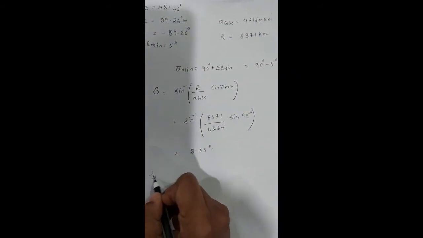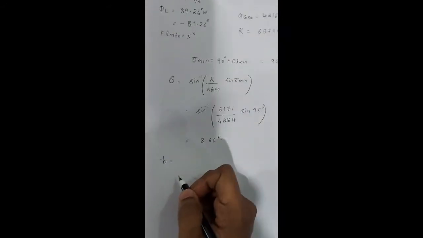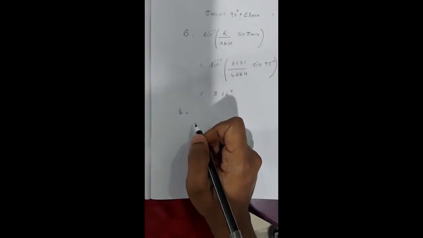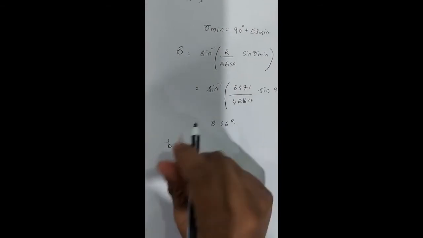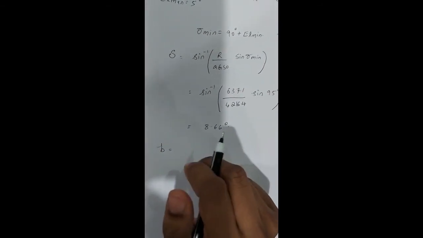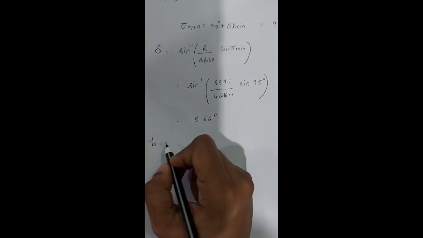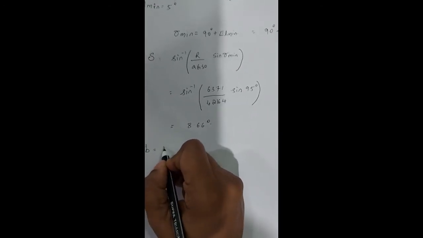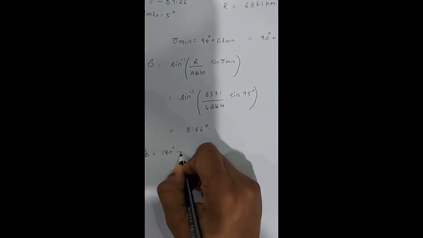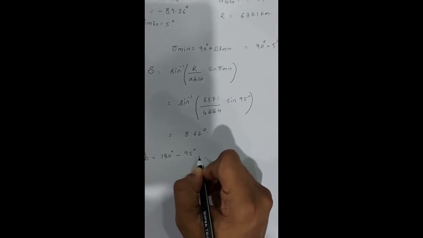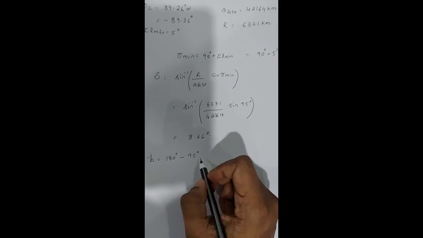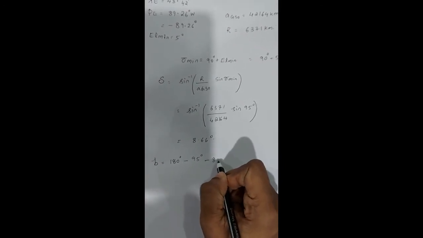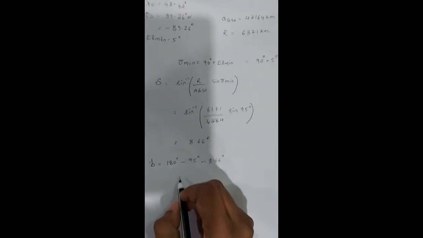We know small b from the previous diagram. Small b is given by 180 minus angle sigma and angle S. So that is 180 minus 95 degrees, by virtue of the sum of the angles of a triangle property, minus 8.66 degrees.